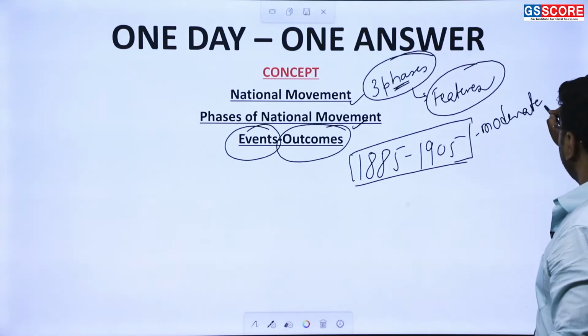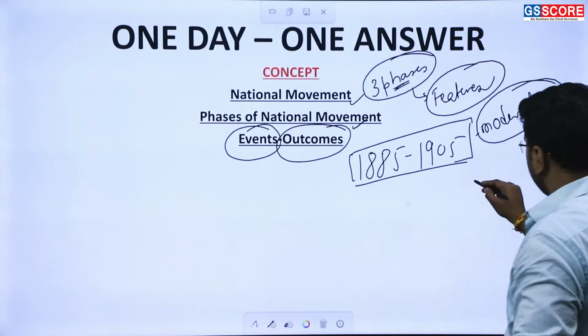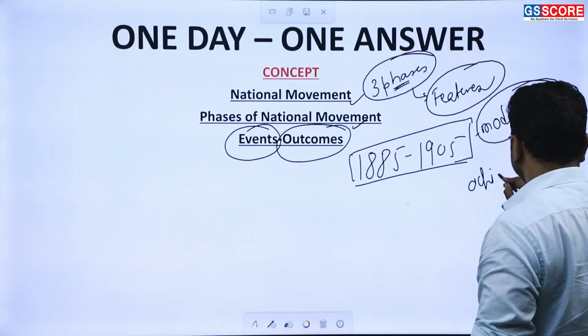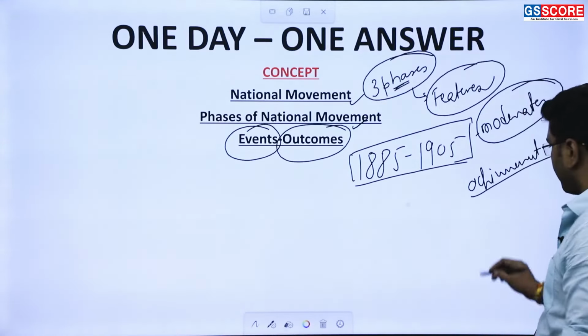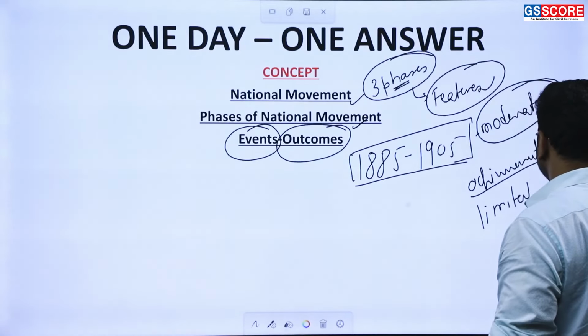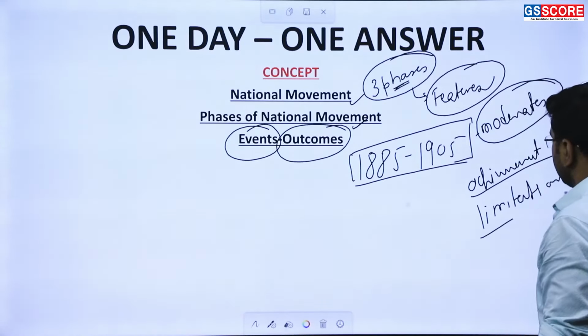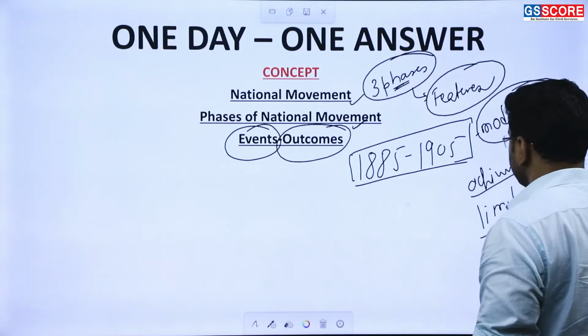The themes under it will be the achievements of the moderates, their limitations, and the outcome of phase 1 of the national movement.